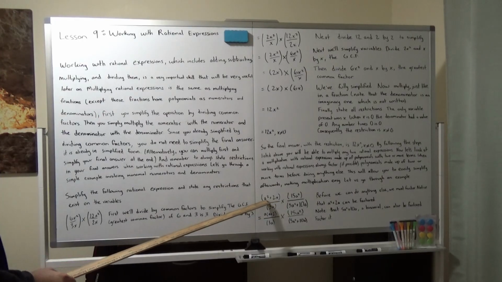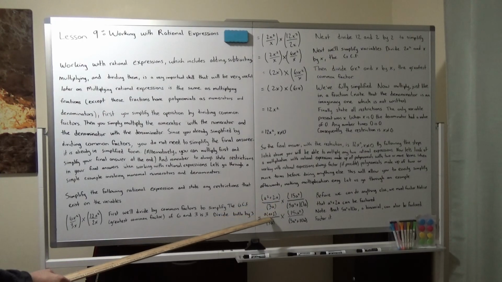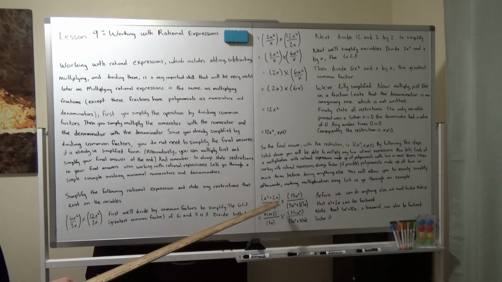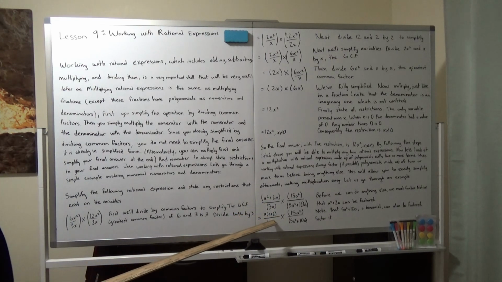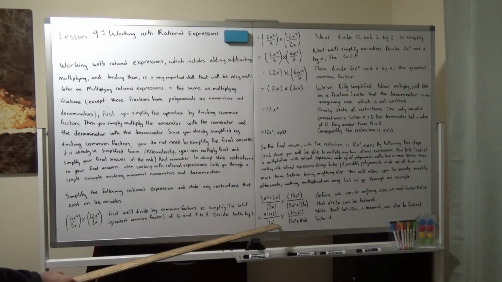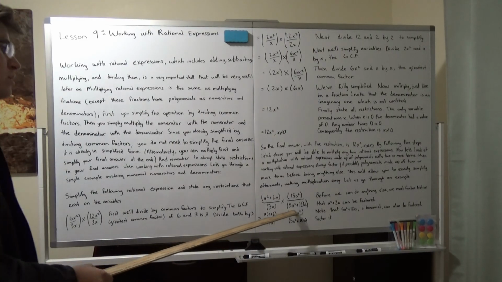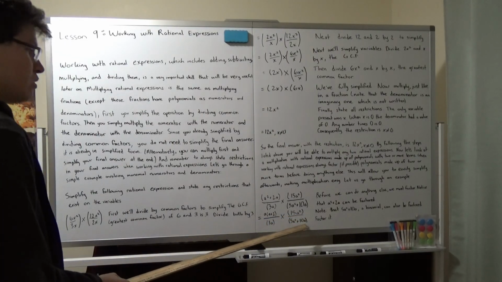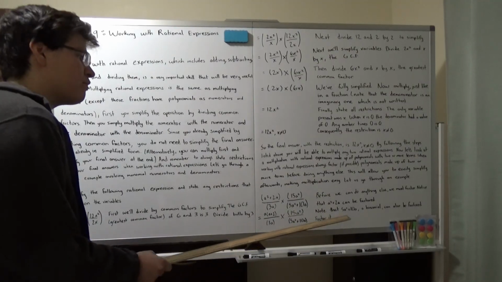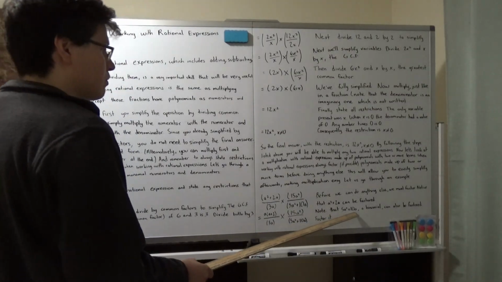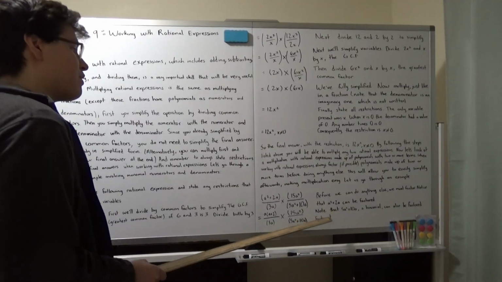We factor out the a. So a times a plus 2 is equal to a squared plus 2a. So we simply write that down and bring everything down. Divided by 3a times 15a squared divided by 5a squared plus 10a. Note that 5a squared plus 10a, a binomial, can also be factored.